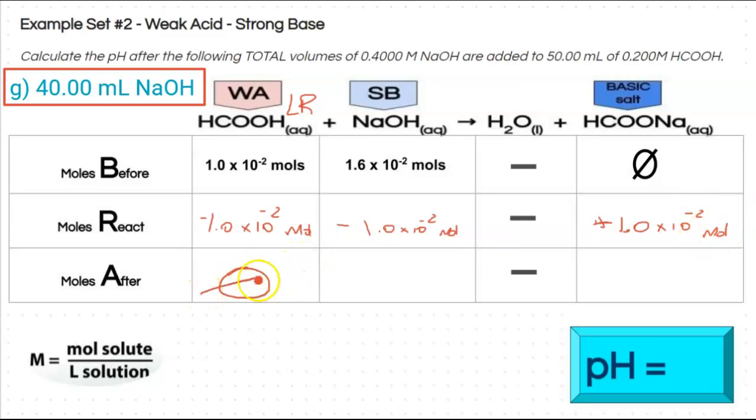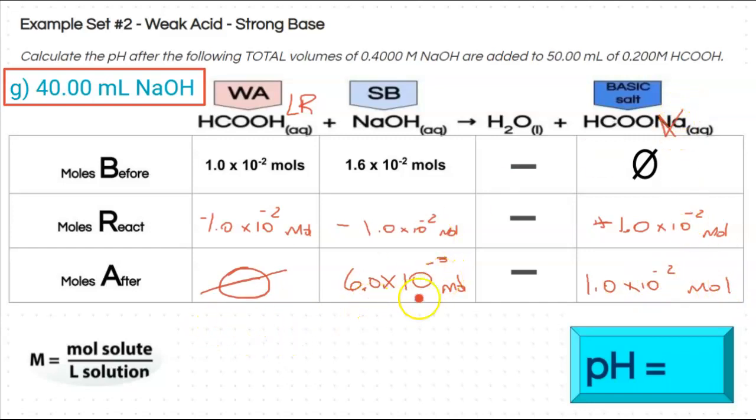After the reaction is over, there is no weak acid remaining. And when I subtract that 1.0 × 10⁻² from the original number of moles, after the reaction is over, I have 6.0 × 10⁻³ moles of base remaining, and I have that 1 times 10 to the negative 2 moles of the conjugate anion that we've formed.